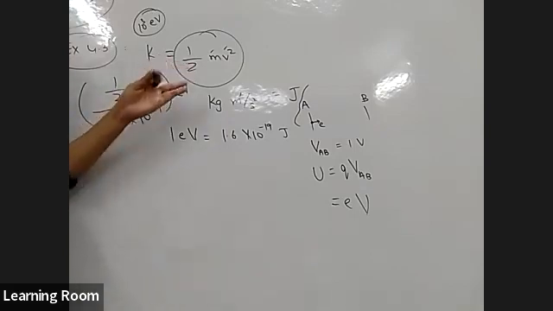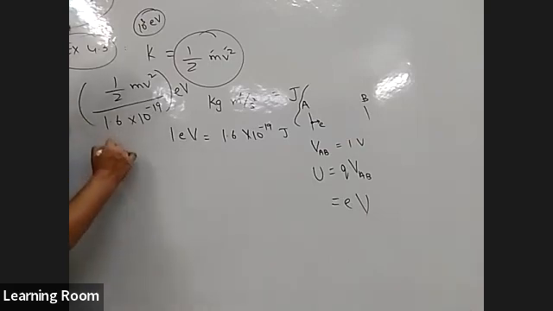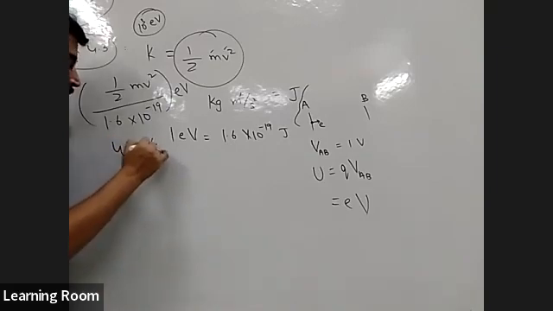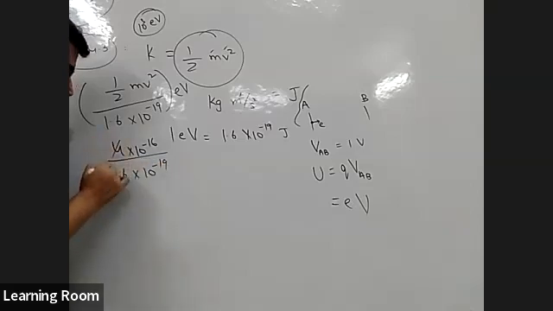So by the way, what is the value of kinetic energy they got from here? You can check the textbook. Joule how much? 4 into 10 power minus. So 4 into 10 power divided by 1.6 into 10 power minus 19. So this goes 0.4 times.